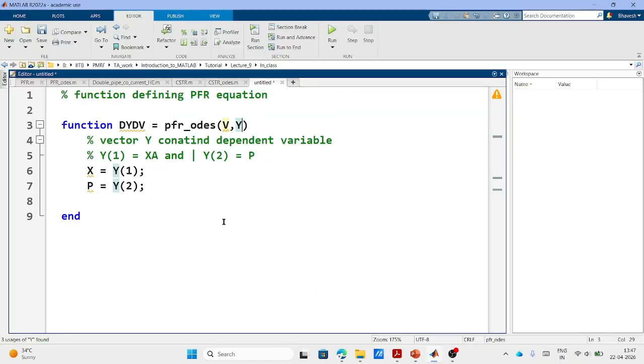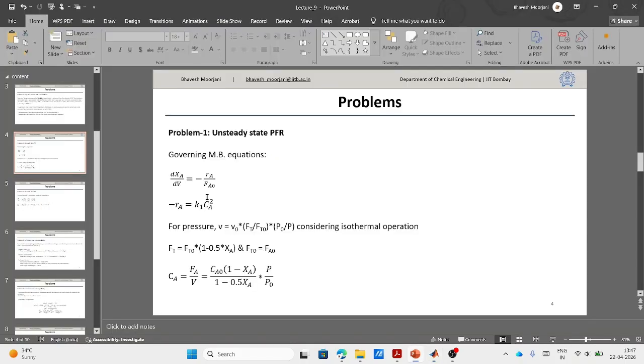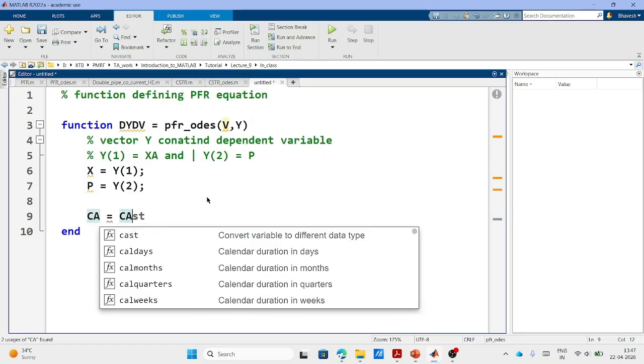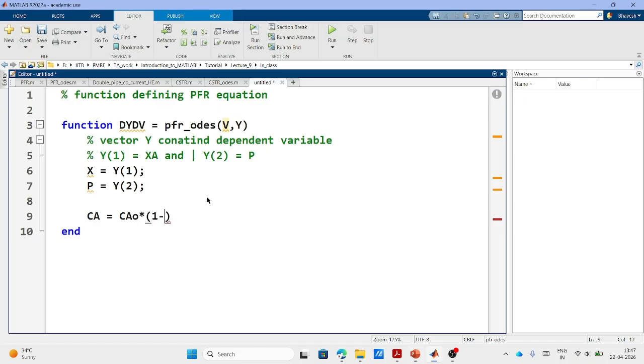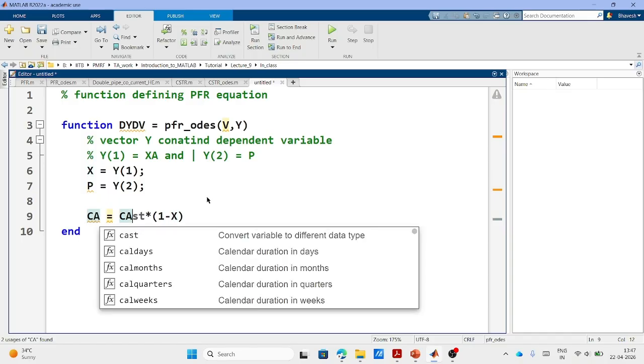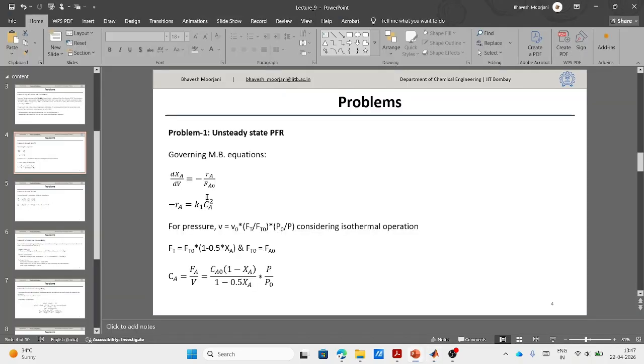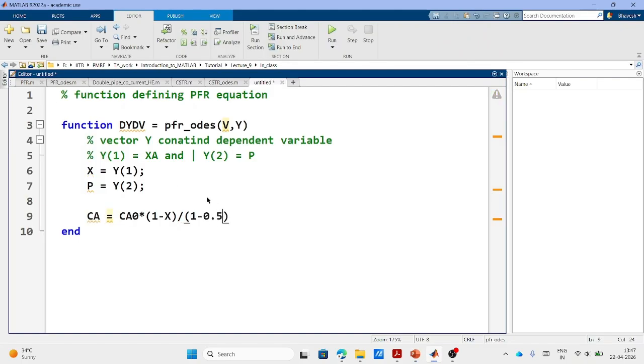CA we can find by computing this equation: CA is equal to CA0 into (1 minus xA) divided by (1 minus 0.5 times x), this entire thing into P divided by P0.